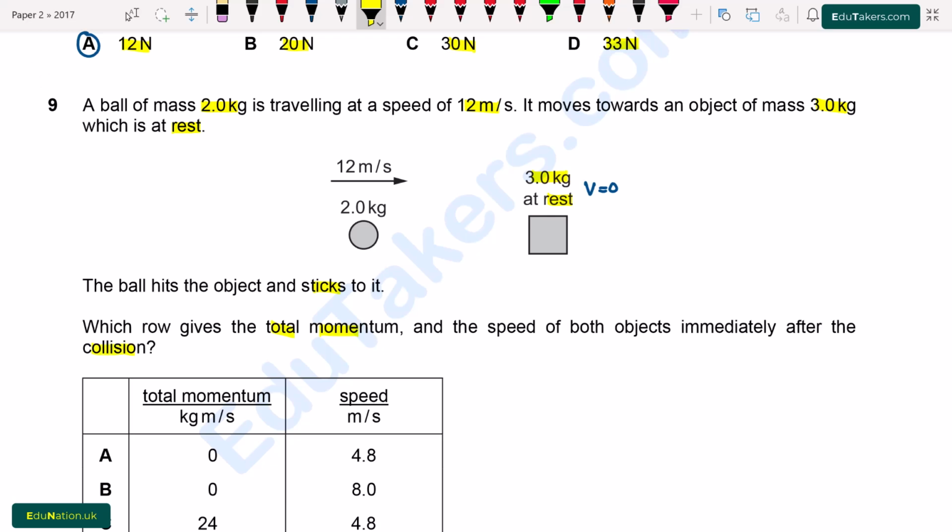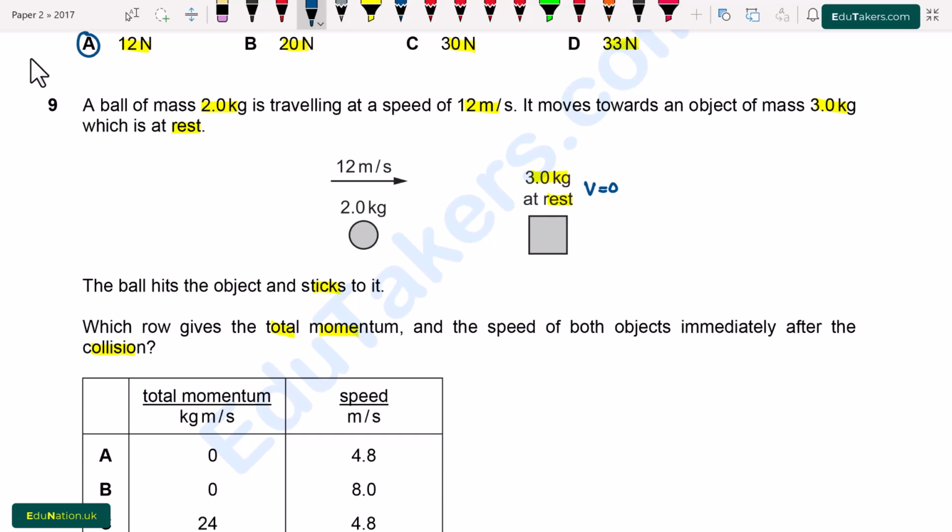So here we have to find out the final momentum and the final speed when both of these objects stick together. First of all, in order to find the speed of both of these objects, I use the law of conservation of total momentum, that the total momentum before collision is equal to the total momentum after collision.